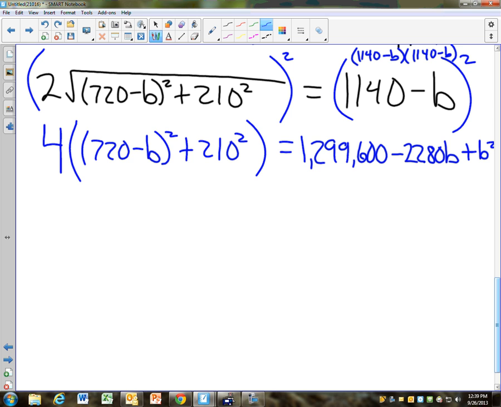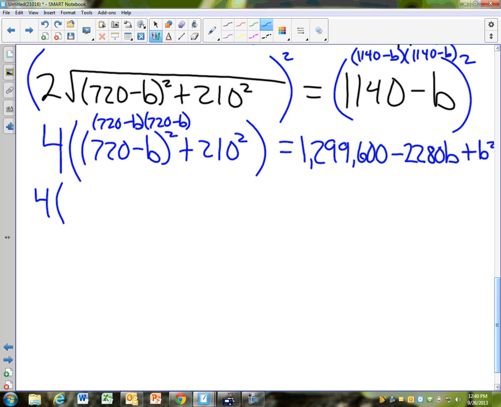So we work with this. I have 4 times everything through here. So we'll write 4 times, and now I have to FOIL out 720 minus b, quantity squared. So I have 720 minus b times 720 minus b. Let's work that out. What's 720 times 720? 518,400.